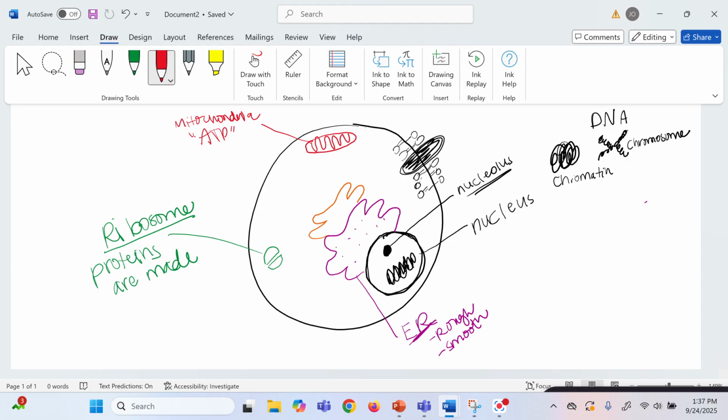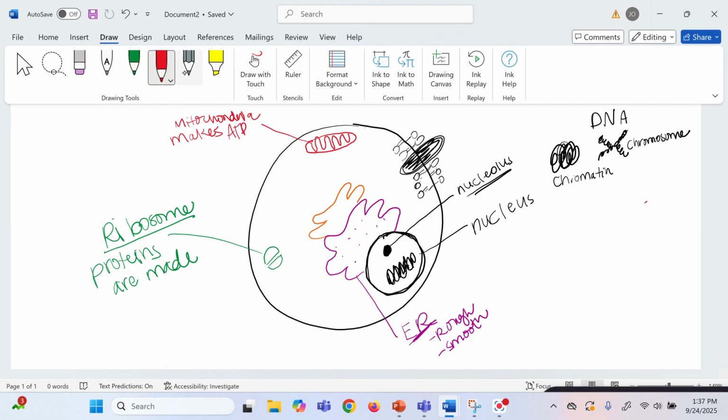ATP is energy. It breaks down carbs to produce ATP. That's called cellular respiration. It's in both plants and animals. So maybe write in right there, cellular respiration. The nickname, oh my goodness. There we go. The powerhouse of the cell.